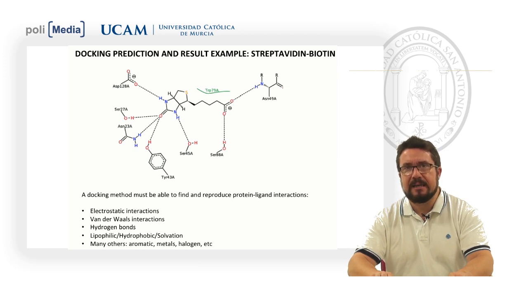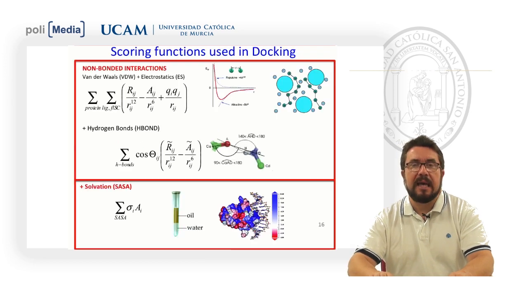So our idea is to apply the funnel methodology and apply first pharmacophore methods, then docking, then molecular dynamics, and finally quantum mechanical methods. And here, briefly, a description of the typical potential, or better, we can say scoring functions used in docking methods when describing the non-bonded interactions.